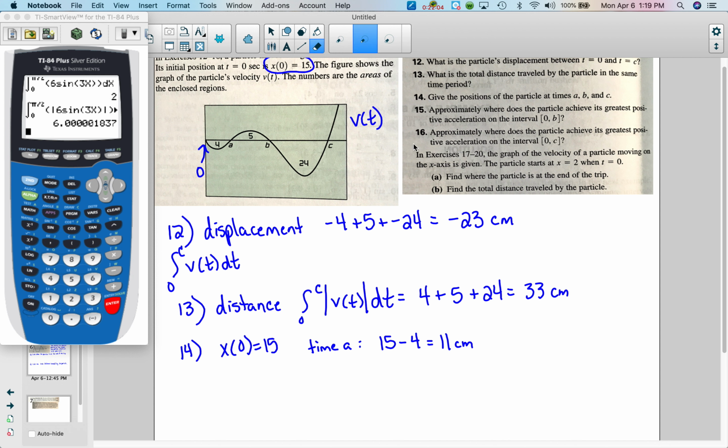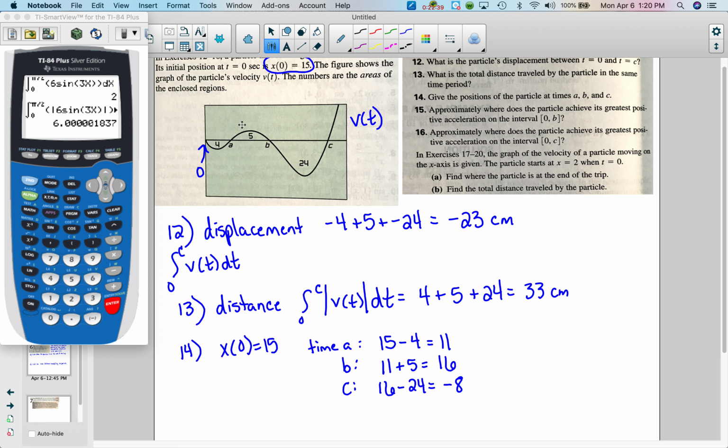So we're not talking about a distance this time. So it's at 11. Then at time B, it went from 11. So at A, it was at 11. So we can just go from there. 11, and then it's going to go 5 more in the positive direction. So it's going to be at 16. And then at time C, it was at 16 and it went back 24. So that means now it is at, what would be now? -8.